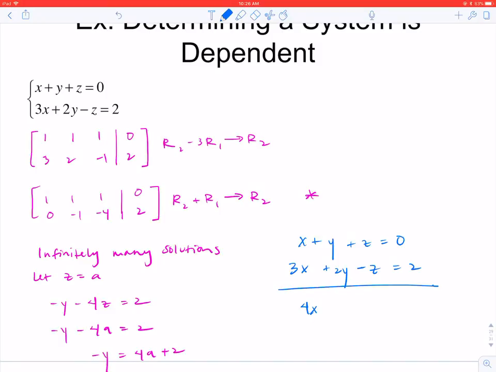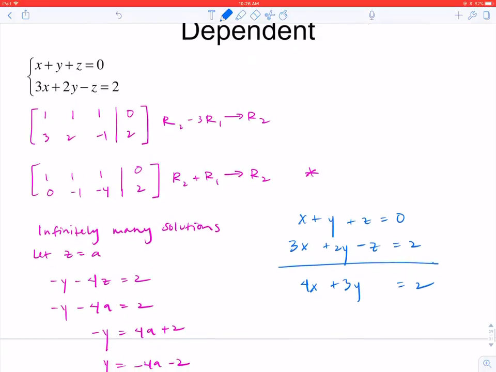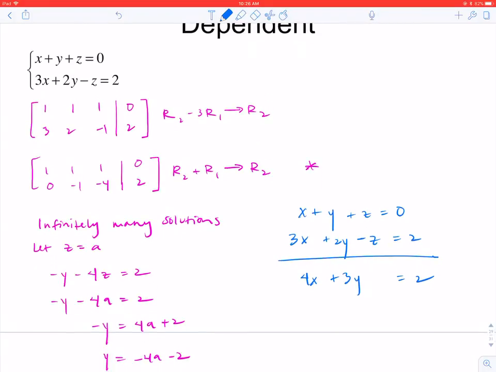Oops. Okay, the z is eliminated because we ended up with something not like 0 equals some other number. This means that this is a dependent system.